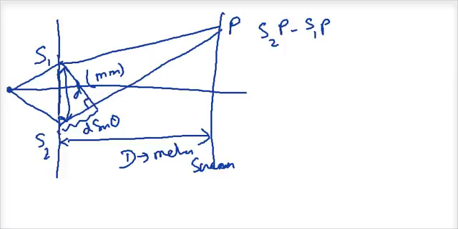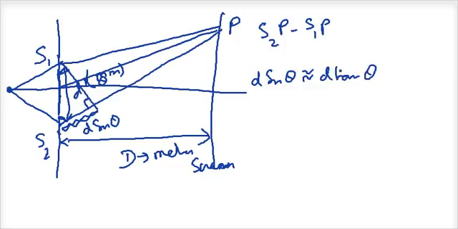If this angle here is theta, which will approximately be equal to this angle, then the path difference is d sine theta. And for very small angles, d sine theta is approximately equal to d tan theta, and tan theta is equal to y divided by capital D. So d y by D is the path difference.